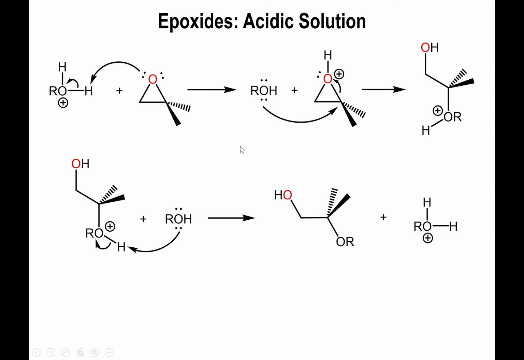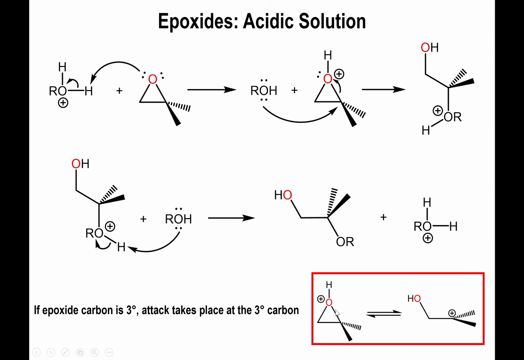Well, the reason why having that tertiary carbon is important to pay attention to is because you can form carbocations, right? And the fact that the oxygen here is positively charged means that you could, by resonance, move the electrons to that oxygen and create a carbocation. Now, technically, this is not a resonance structure because you've broken the connectivity, but you could make that happen and produce this stable tertiary carbocation.